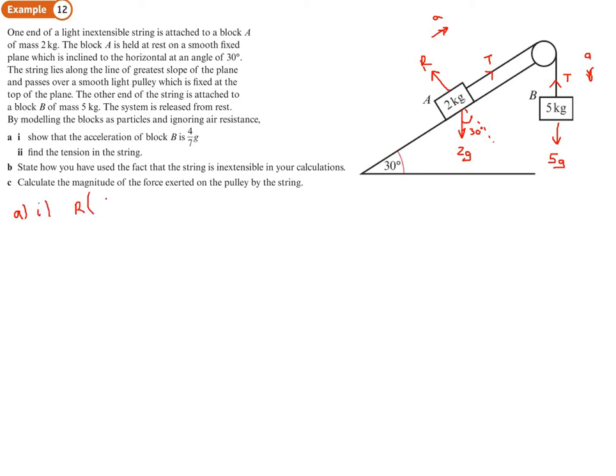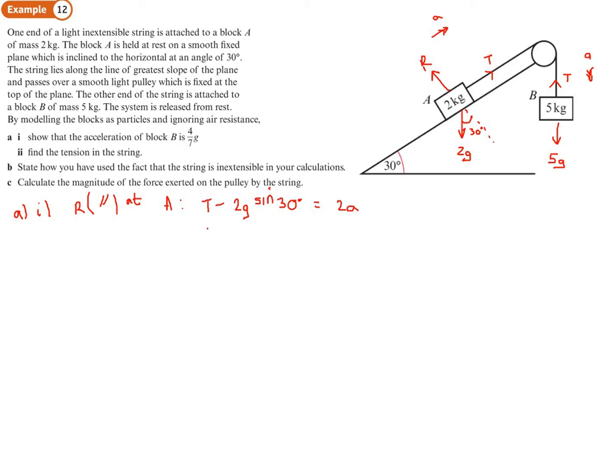Okay, so I'm going to resolve parallel at A. I'm going to go in the direction of motion. So I've got T minus 2G sine 30 degrees is equal to, so we're going to use mass times acceleration to A.